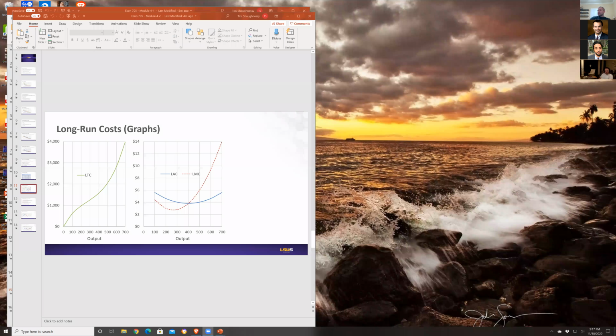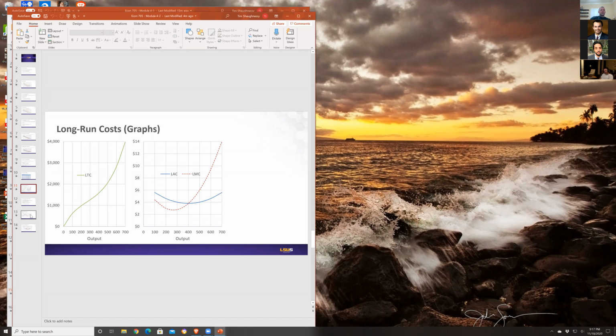Some of them will have their long-run average cost curve, which is the blue one in slide 11. Oh, I stopped sharing. I'll go back to sharing. If you look at slide 11 of the part 2 set of slides, as I said, you can envision each company having a long-run total cost, long-run average cost, and long-run marginal cost curve.